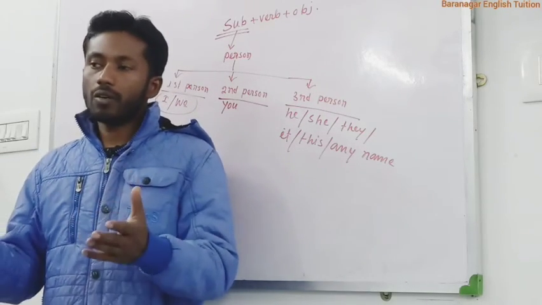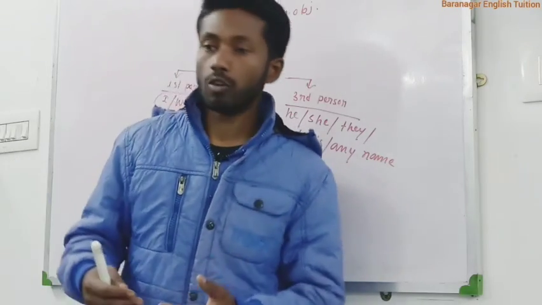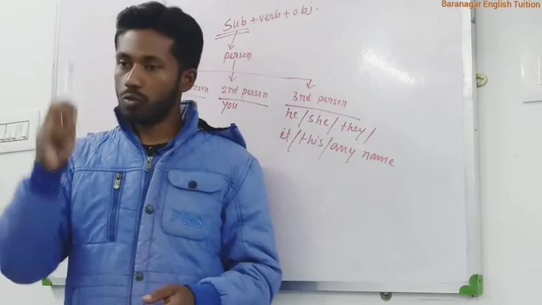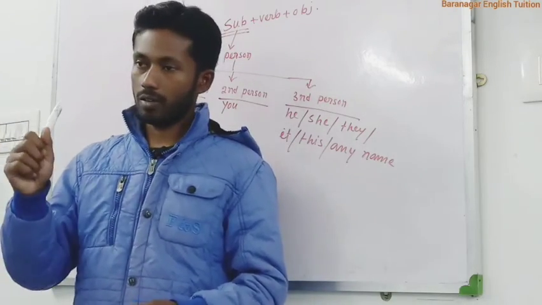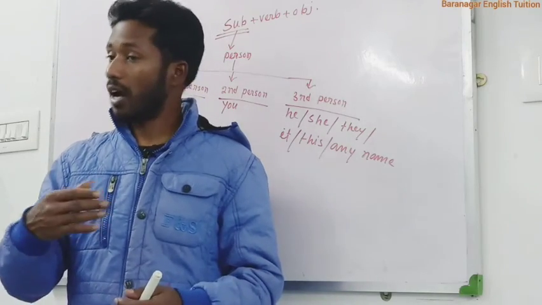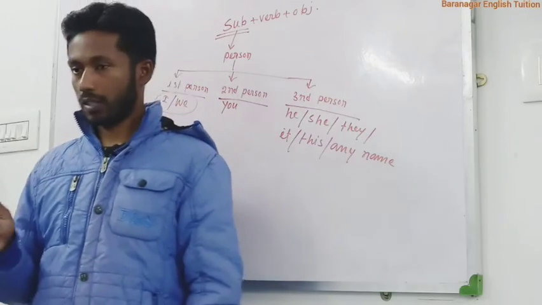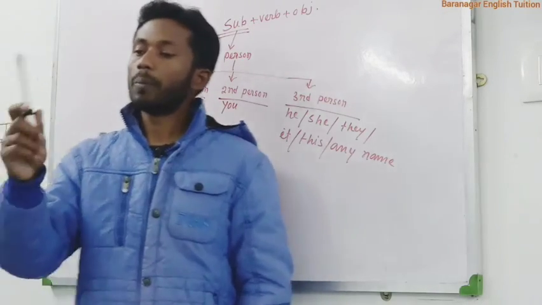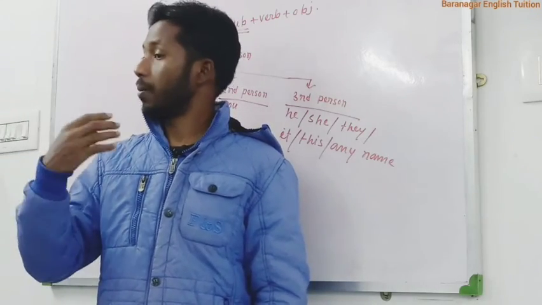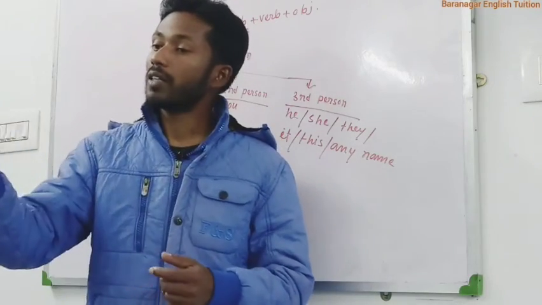Suppose any word has been underlined or any word has been given to you in a question, then you simply ask yourself, is that you or is that me, means I. If it is neither you nor I, then it is third person. Suppose I'm telling about the pen. Pen is obviously not you, and obviously not me. So pen is neither you nor me. This is why it is third person.